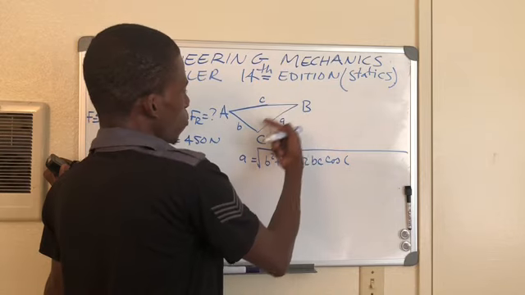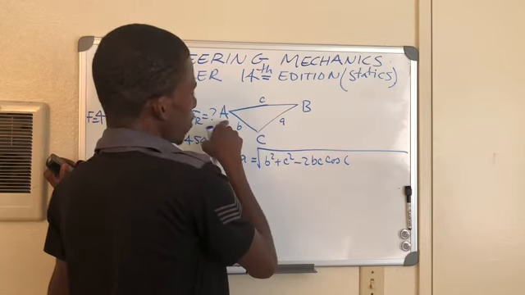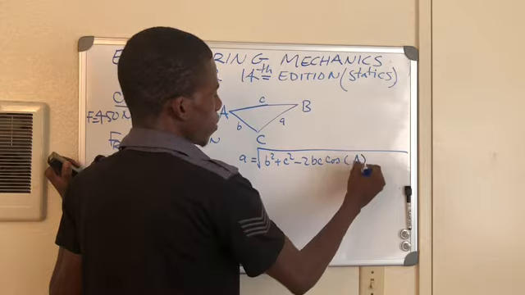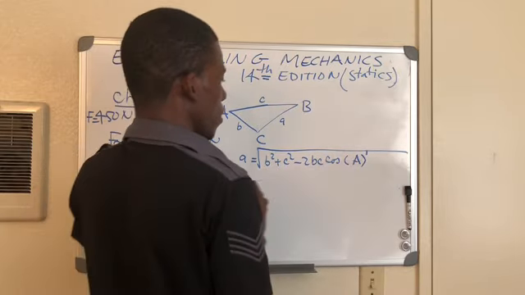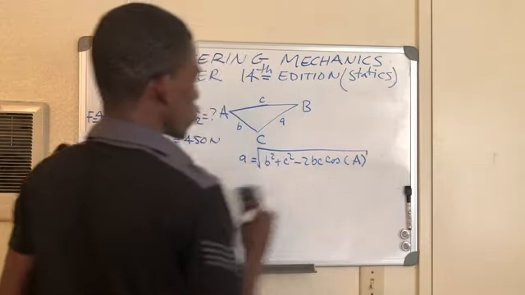The angle opposite this side is the big A. So that's the general cosine formula for any triangle.